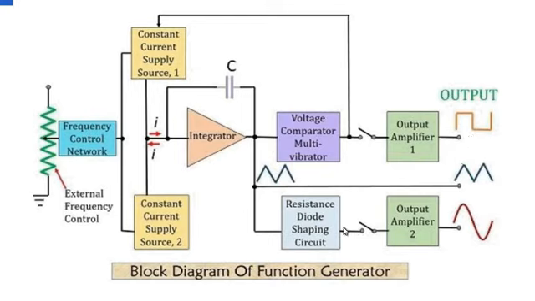In a similar way, this resistance diode wave shaping circuit converts the triangular wave from the integrator circuit to a fine sine wave, and finally we get this output from output amplifier 2. In this way, this function generator generates different types of functions like square, triangular and sine.